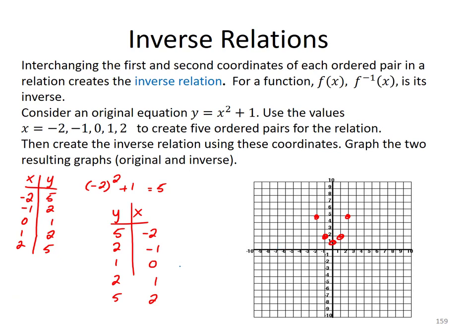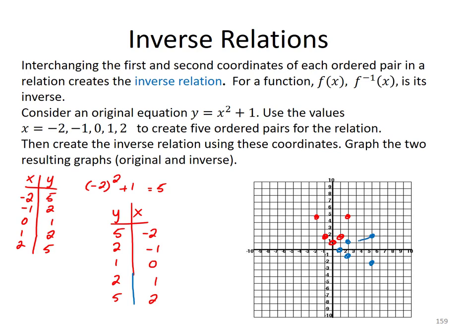So if I plot those points, 5, negative 2, 2, negative 1, 1, 0, 2, 1, and 5, 2.